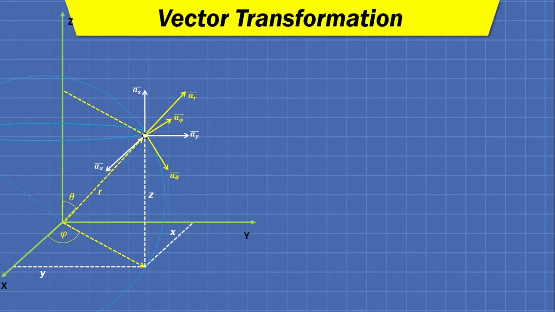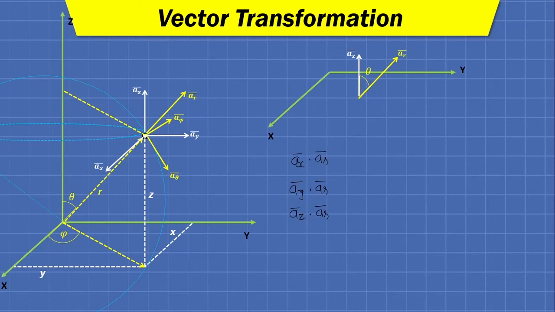So for the first 3 dot products, we are going to calculate ax bar dot ar bar, ay bar dot ar bar and az bar dot ar bar. For calculating these 3 dot products, we will take a projection of ar bar on the horizontal plane.